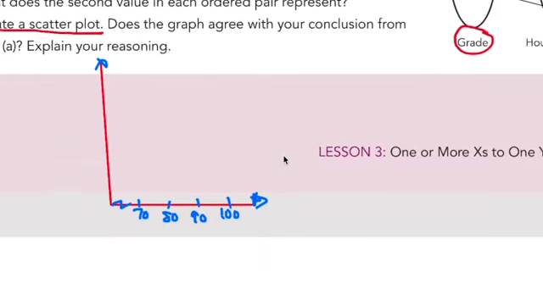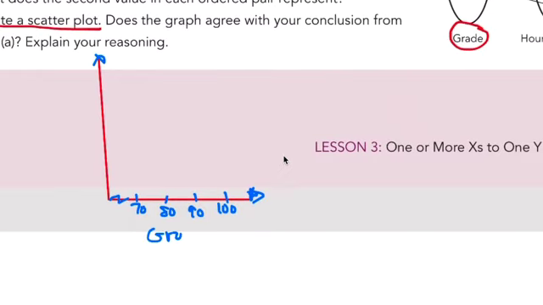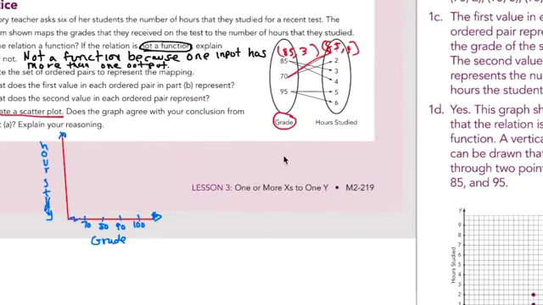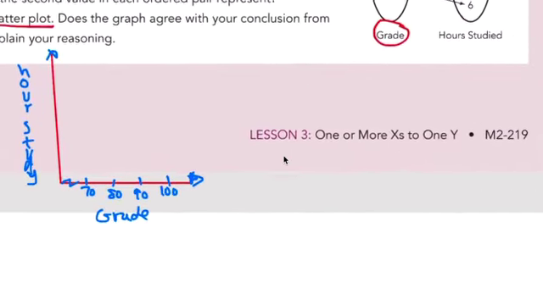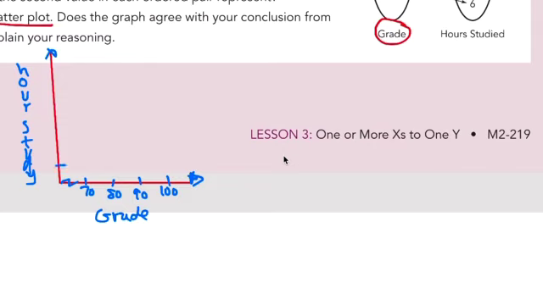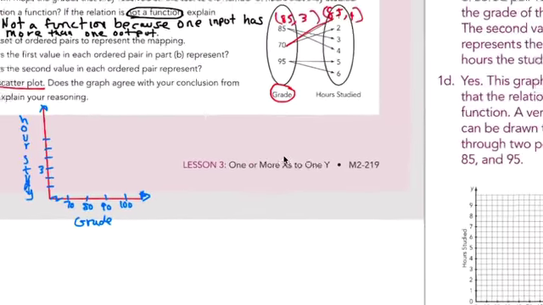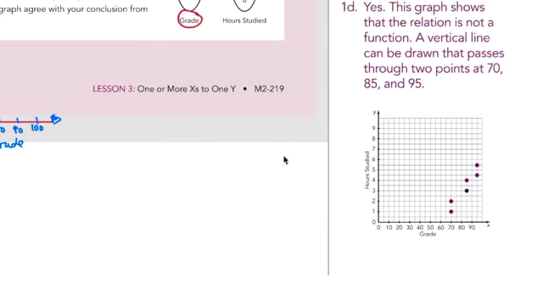And this is grade. And this is hours studied. And it goes by 1: 1, 2, 3, 4, 5, 6. Then graph it, just like they have here.